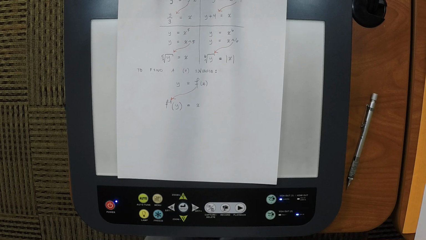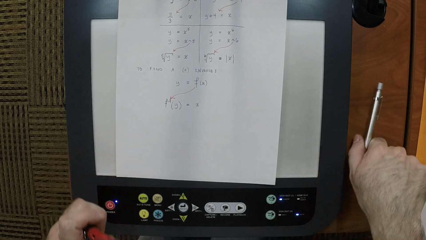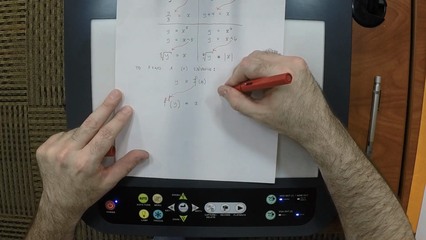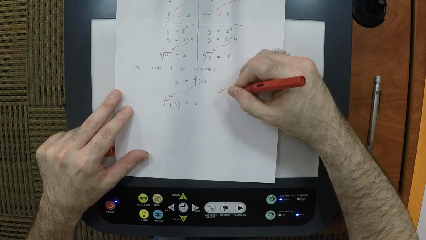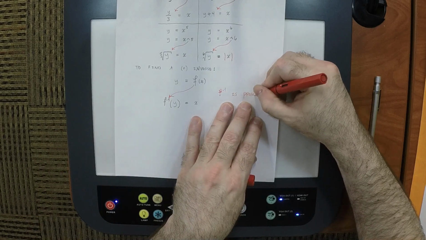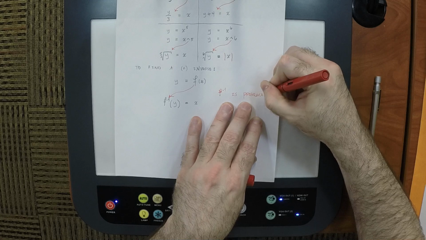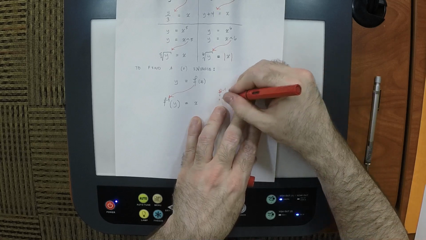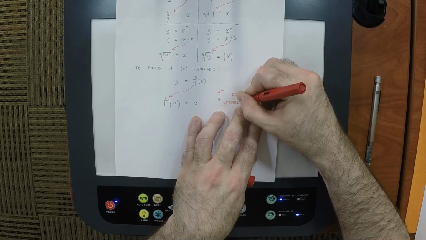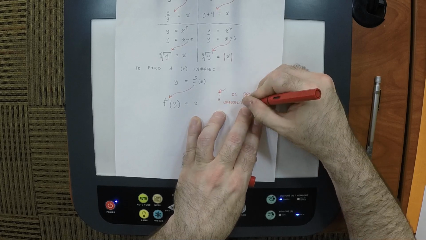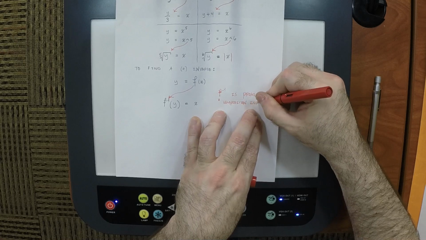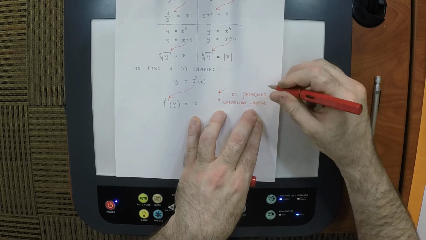So f superscript -1 is pronounced composition inverse of f.